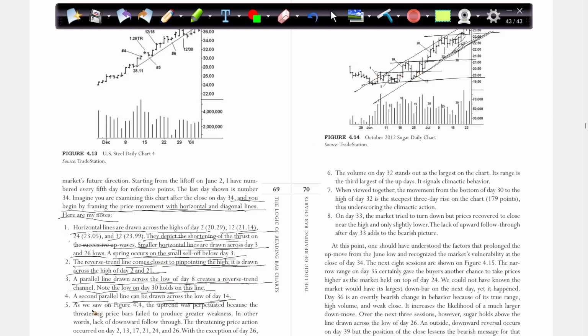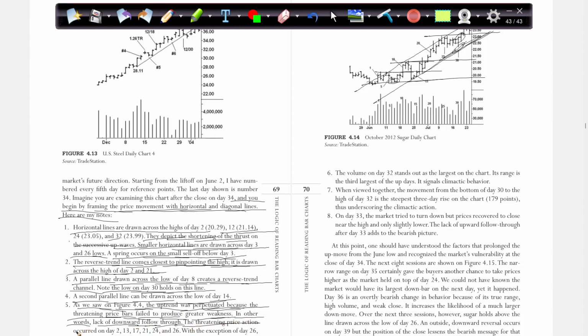As we saw in figure 4.4, the uptrend was perpetuated because the threatening price bars failed to produce greater weakness. In other words, lack of downward follow through.